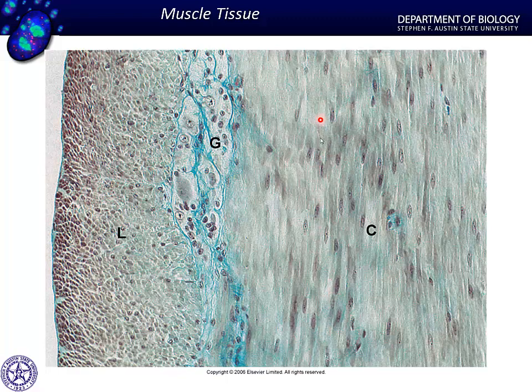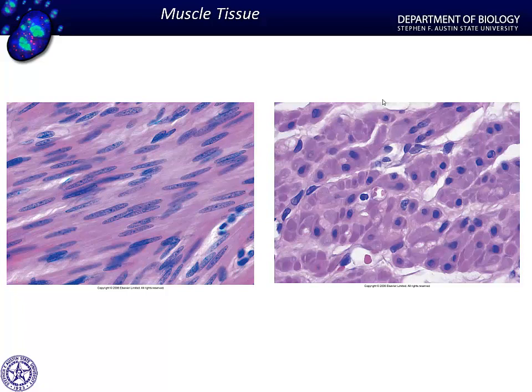And again, this is going to look a little bit like your dense, regular connective tissue. It's very regular, very parallel, but you're not going to see nearly as many nuclei as in ligament and tendon. And certainly these nuclei are a little bit fatter, I think, than what we would see with fibroblastic nuclei. Let's look at another one. Again, showing longitudinal smooth muscle, nice elongated oval-shaped nucleus.